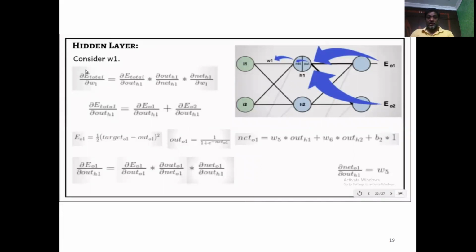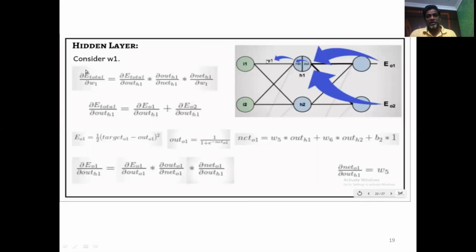Similarly, once the output neuron weights are calculated, the 4 output weights, we have 4 more weights, W1, W2, W3, W4, which are connected to the hidden layer. So we'll try to update these now, and the formula goes like this.